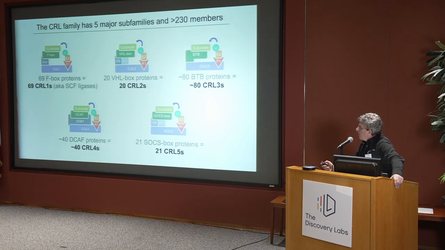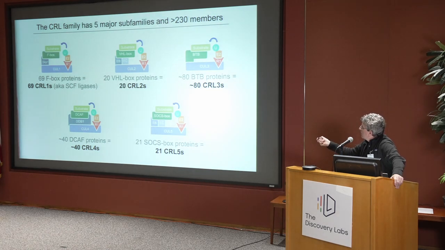So the family of CRLs is subdivided in 5 subfamilies, each one containing a different Cullin scaffold subunit, and each Cullin will bind different assembly factors and substrate receptors.